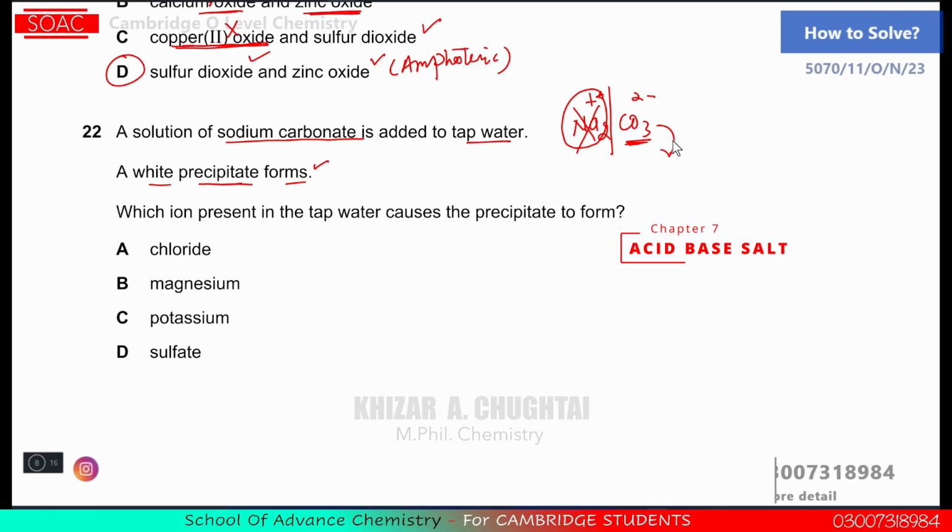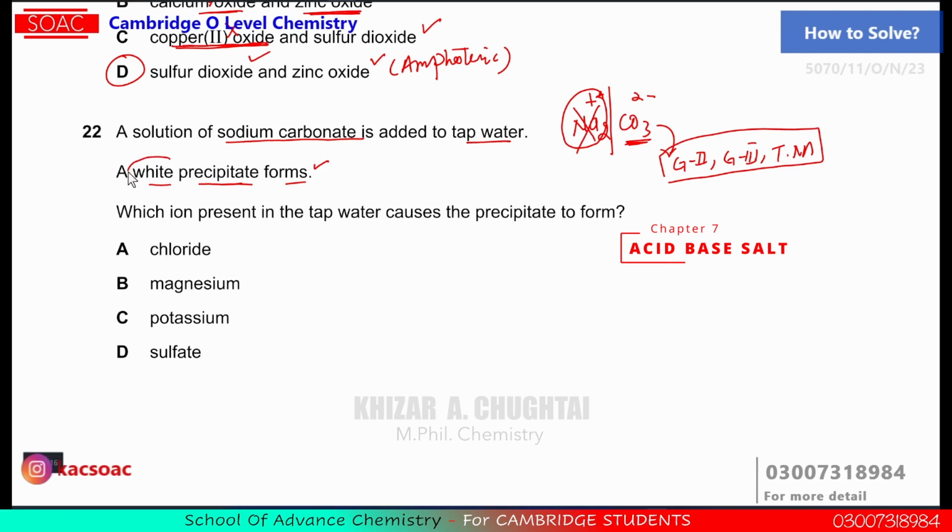Which carbonates are insoluble? Any other group 1 metal carbonate is soluble. Group 2 metal carbonates, group 3 metal carbonates, and transition metal carbonates will all be insoluble.